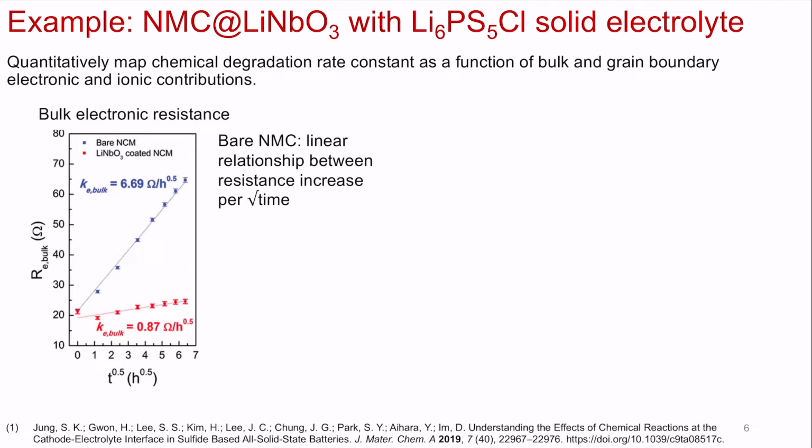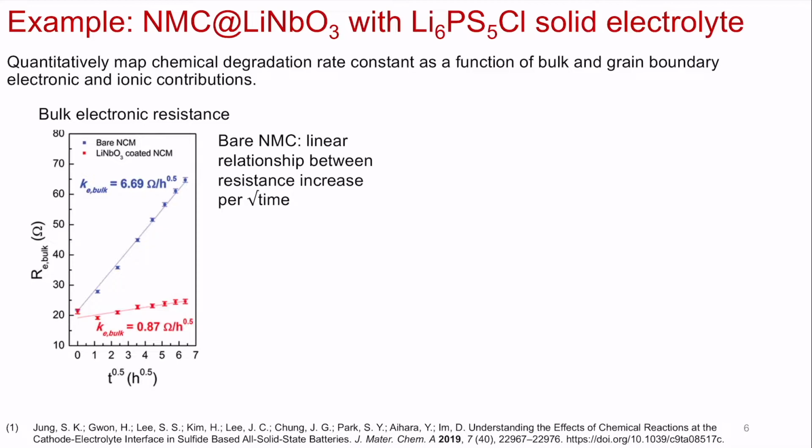So then we can actually quantitatively map the rate, because now we have time. We know the resistance is increasing over time for the bulk electronic resistance component, for the bare samples as well as for the coated samples. And so what we can do then is track that as a function of the square root of time.